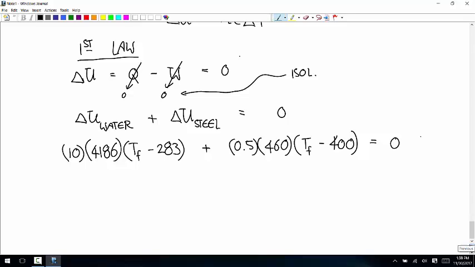And so you get 41,860 TF. Multiply those for me. I sort of suspect maybe I multiplied it wrong. Yes, so 4186 times 283. No, 41,860 times 283. What is it?